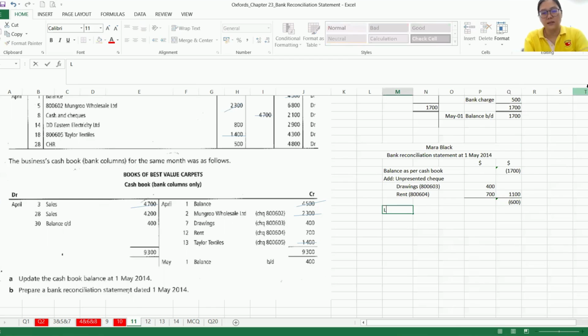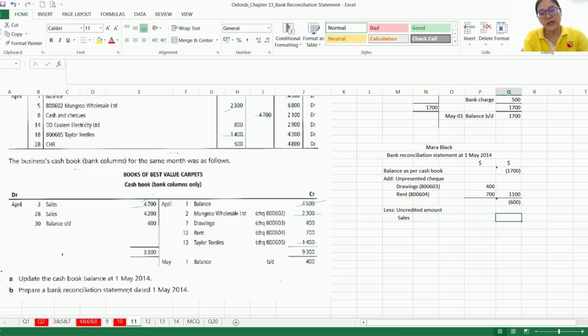After that, less uncredited amount. Uncredited amount is in your debit side that you didn't cross out. This is the sales 4002. Because this amount, bank account has not received the money. Bank has not received the money.